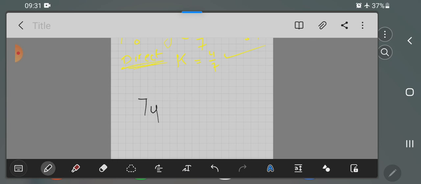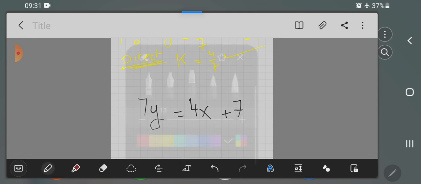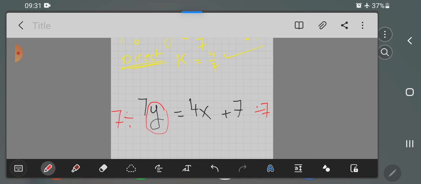Let's have another example. The same: 7y equal 4x plus 7. What shall I do first? Yes, I hear. Divide by 7 on both sides to only have one y.